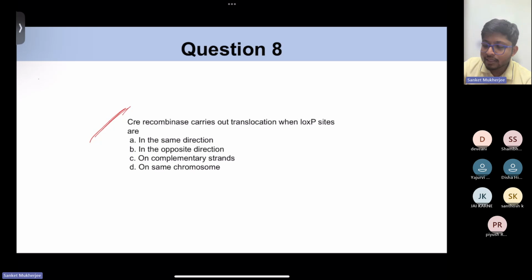Translocation is, let's say, from one part of a gene, it gets transferred to some other part of the gene. It could happen in the same chromosome or in a different chromosome. These kinds of events do happen in humans as well. But the question is, when a translocation event happens, the LoxP sites are in the same direction, opposite direction, on complementary strands, or on the same chromosome.